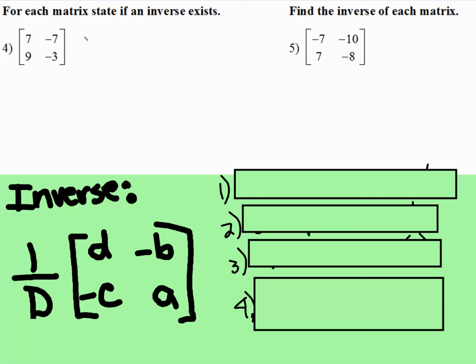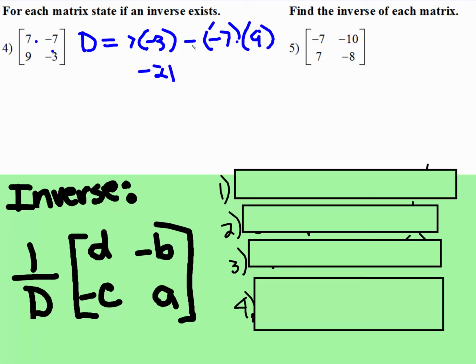So to find the determinant, remember it's A times D, so 7 times -3, and then you're going to subtract -7 times 9. All right, so 7 times -3 is -21.